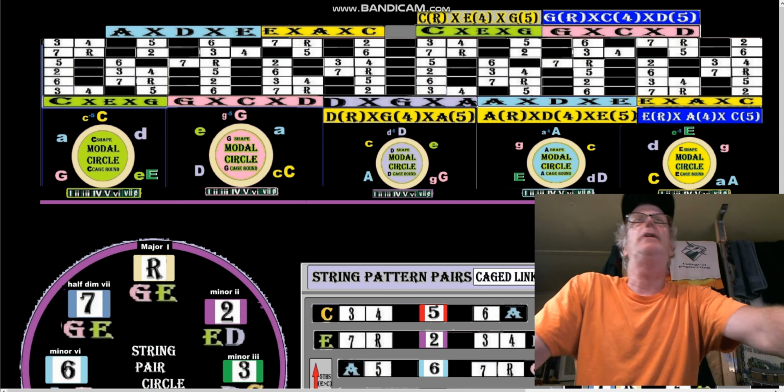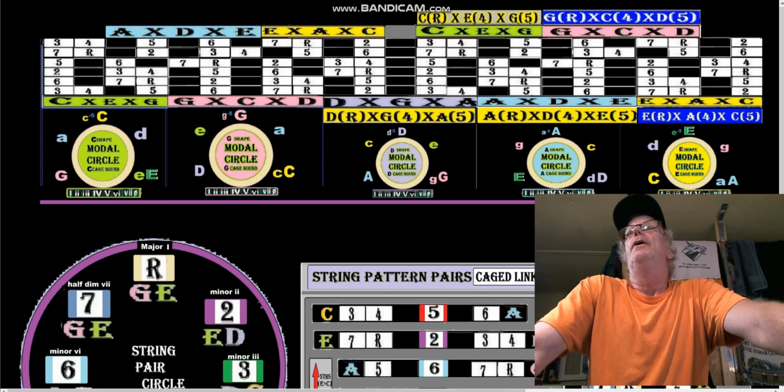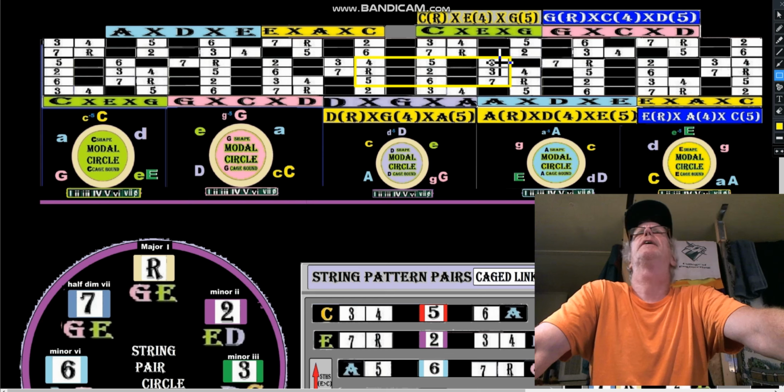Okay, this is a little bit bigger of a fretboard. So we've got an S3XL right here, 5, 6, 7, root 2, 3, 4, 5, 6. Okay, and then we can also just go 5, 6, 7, root 2, 3, 4, 5, 6 from there.